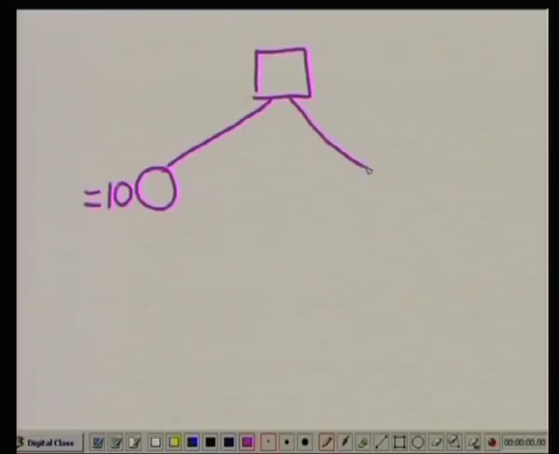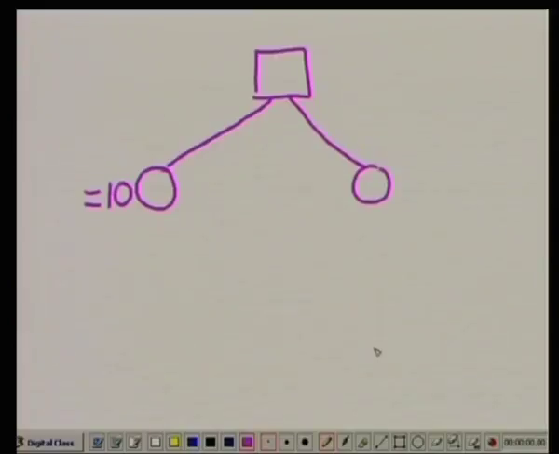Suppose this is a max node. Now, suppose at this min node, max has a path whose minimax value is known to be equal to, let us say, 10, and there is another path.